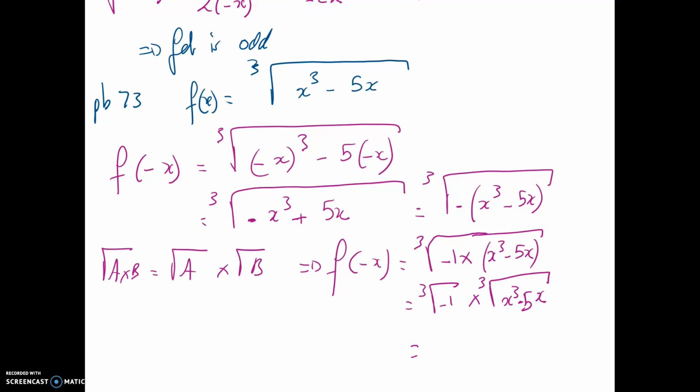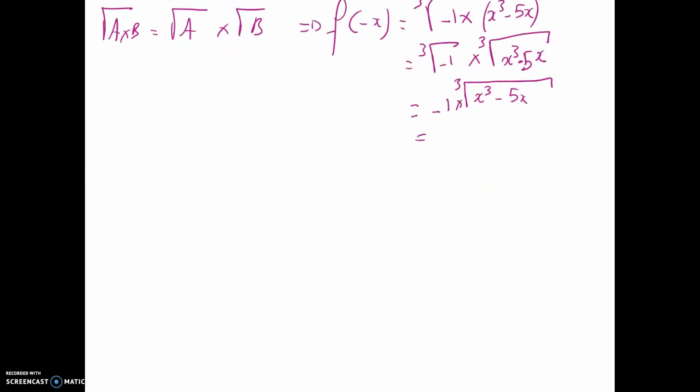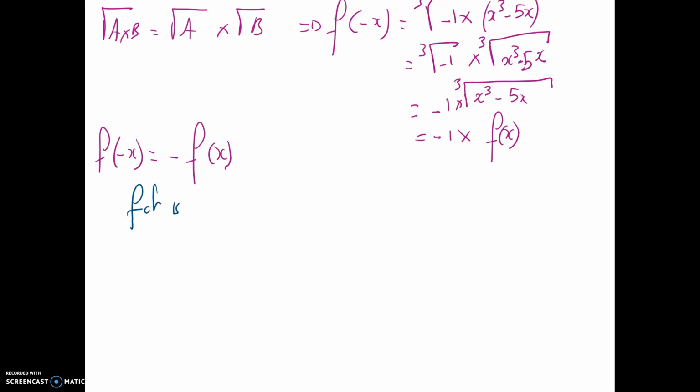The cubic root of negative 1 is negative 1, so negative 1 multiplied by the cubic root of x cubed minus 5x, which is equal to negative 1 multiplied by f of x. Therefore I just proved that f of negative x equals minus f of x, and that means my function f is odd.